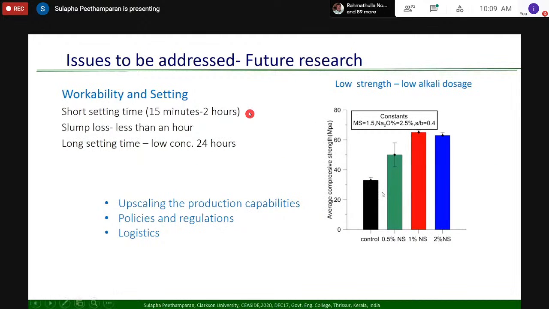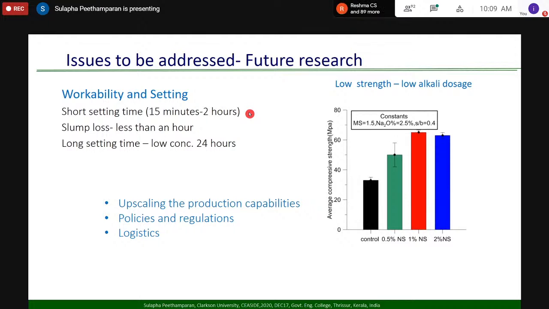So I'm going to very briefly discuss some of the issues in this concrete as well. The workability and setting time of this concrete sometimes depends upon how much alkali you are using and what the starting material is. You may have very fast setting concrete.